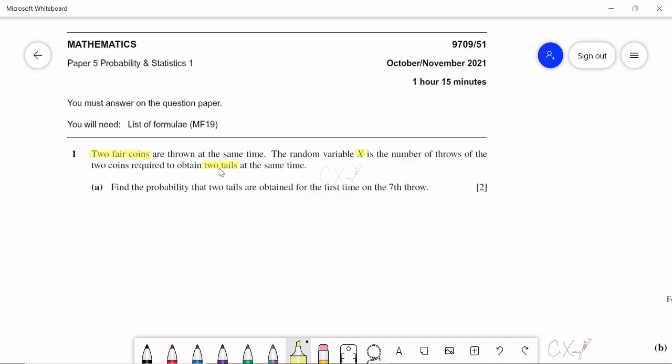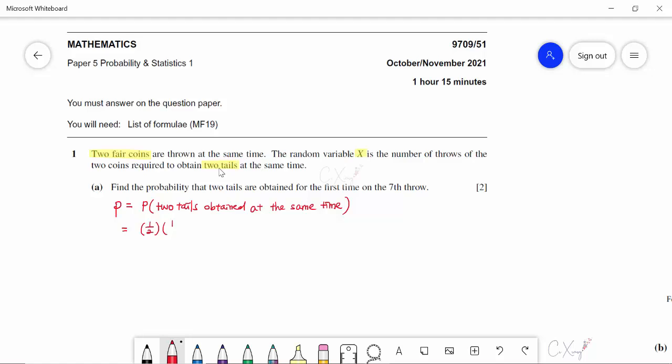All right, so X is a geometric distribution, and before that, of course, you need to find the p for the geometric distribution. So what is p? It equals the probability of two tails obtained at the same time. Which means the first coin gets a tail, and the second coin also gets a tail.